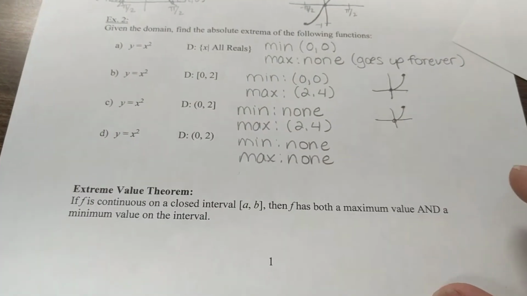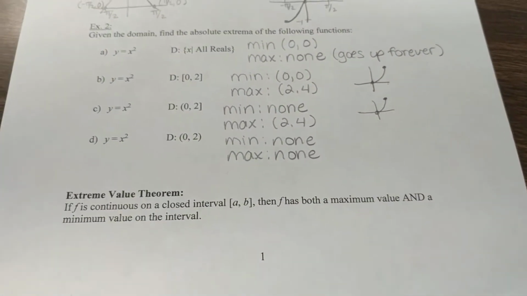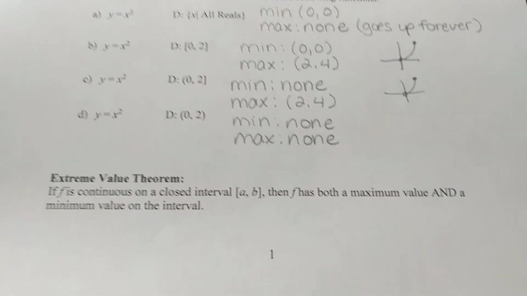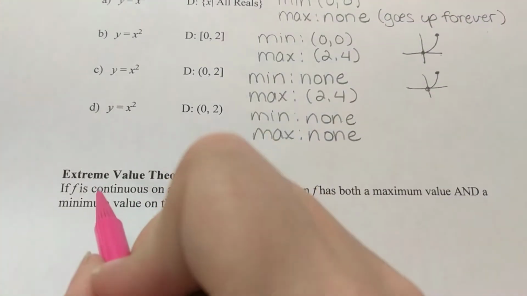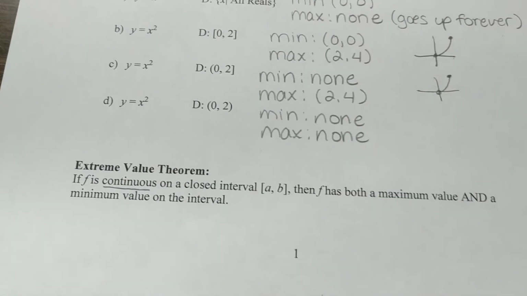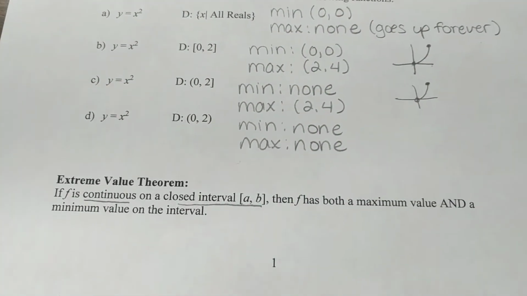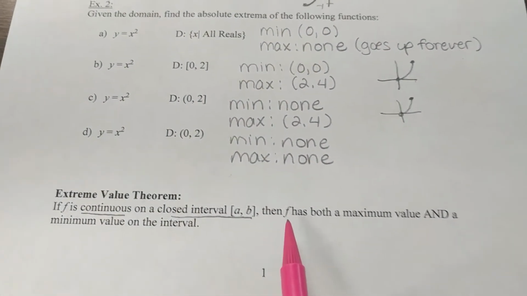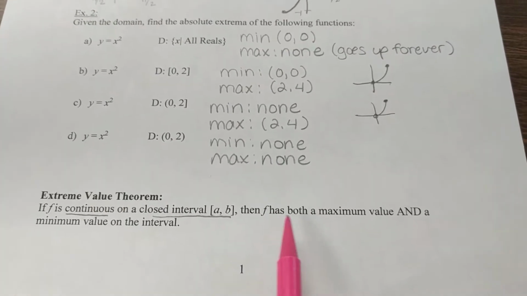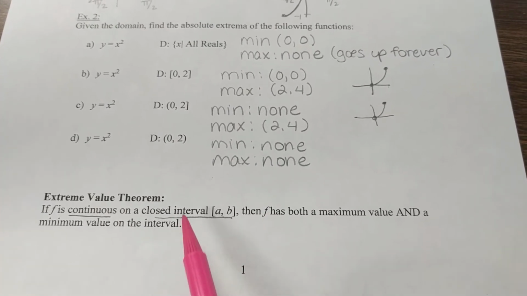So the extreme value theorem is a really important theorem, and it says if you have a continuous function, that's our first condition, on a closed interval from A to B, then you are guaranteed that f has both a maximum and a minimum value.